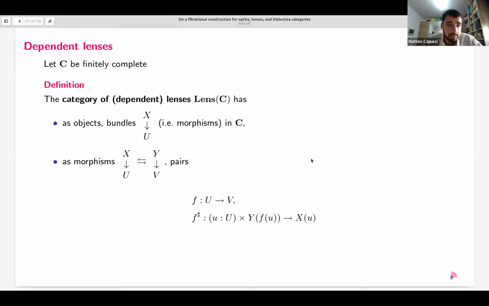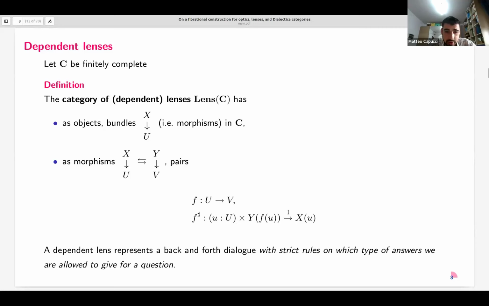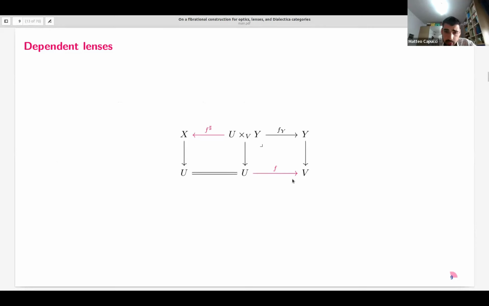And in fact, you can generalize this a bit and say, why just look at projection morphisms? If you're finitely complete as a category, then we can look at any morphism. And then you still have a map from U to V as morphisms, but now the backwards map is a bit more refined. So the type Y can depend on what F does on U, right? So it depends on V. And this kind of dependency is encoded by a very similar diagram as before, which goes on like this, right?